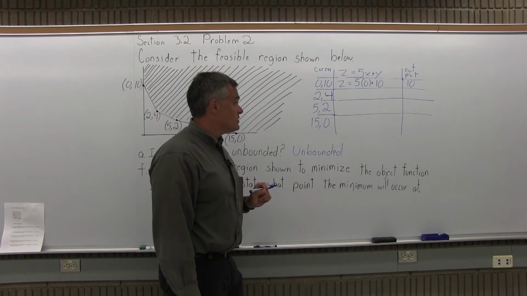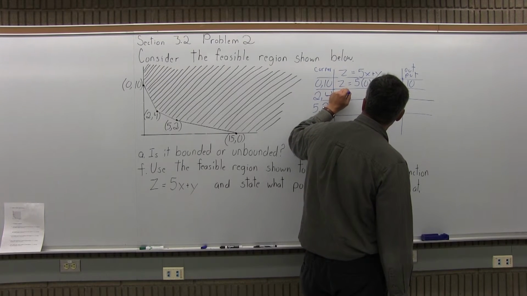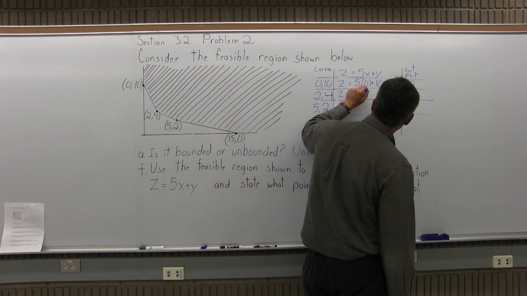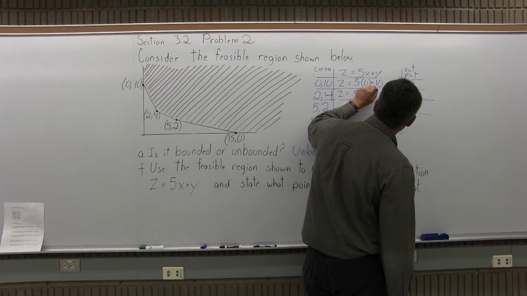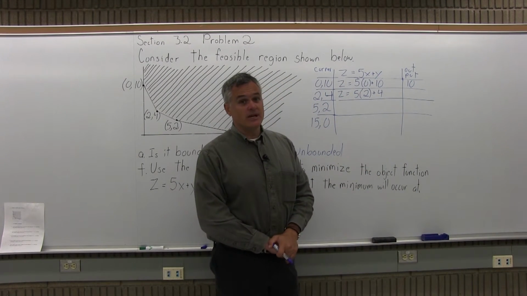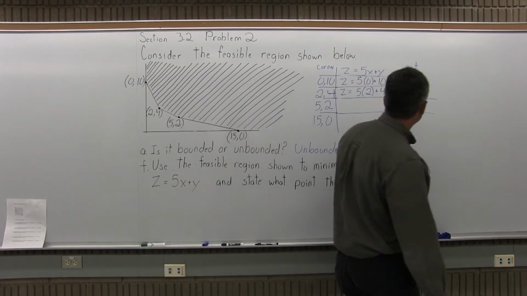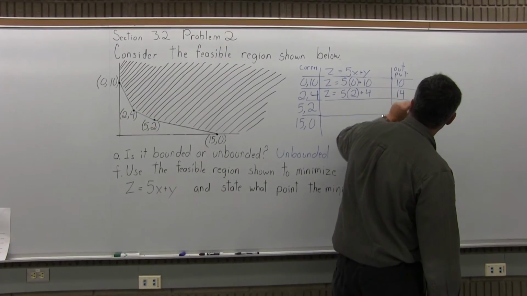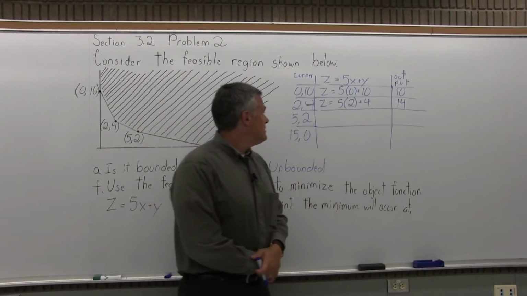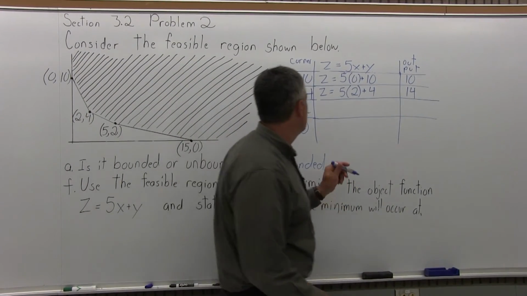Now the next one is 2, 4. So z equals 5 times x is 5 times 2, and plus y is plus 4. 5 times 2 is 10, and 10 plus 4 is 14. And the next corner point is 5, 2.